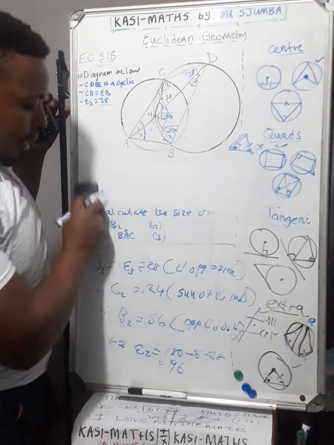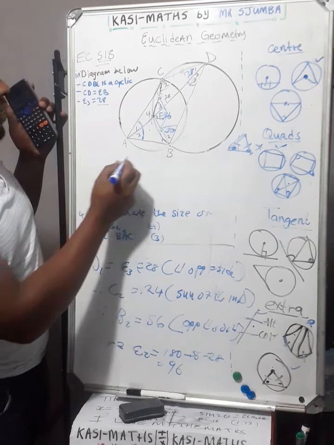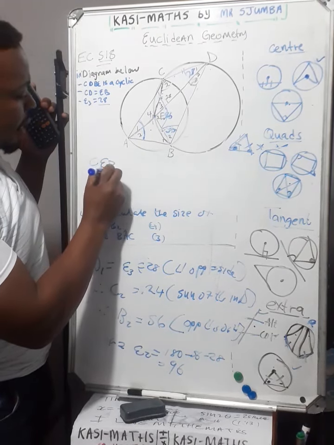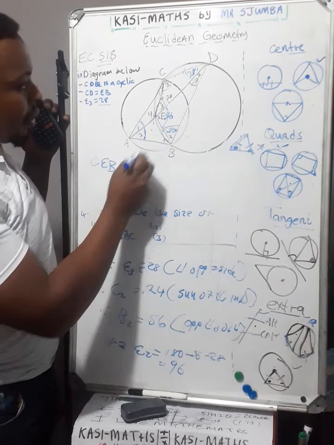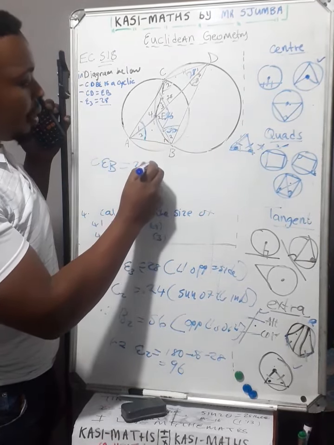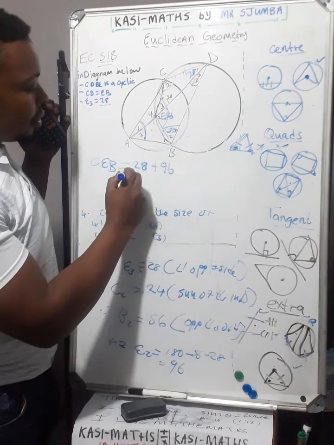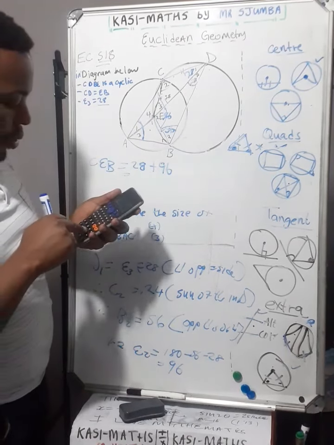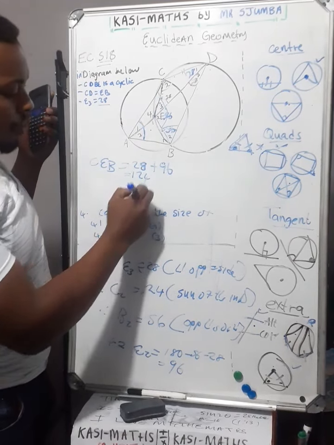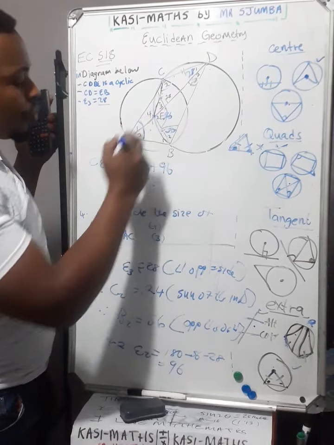So we can just erase this because it is no longer in use. I should get a bigger board. So now we can say that CEB, right, is equal to the whole angle, which is 28 plus 96, which is equal to 124. So the whole thing is 124.